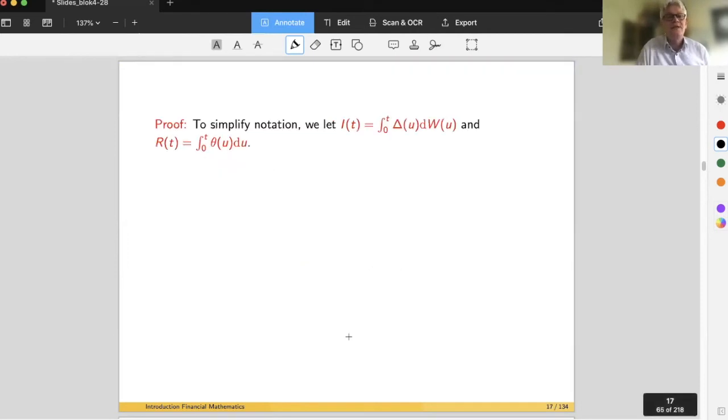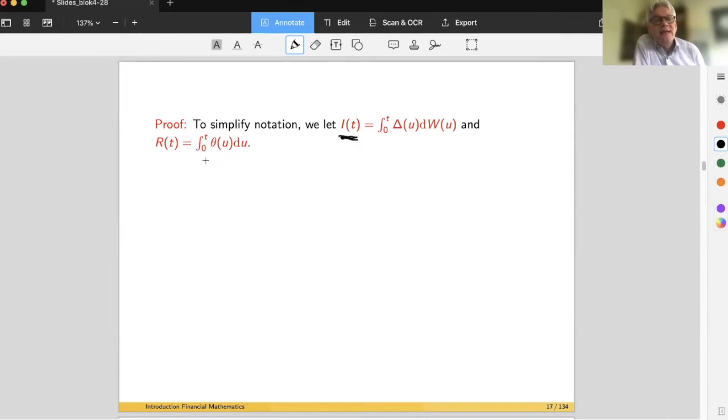All right, let's prove it. And in order to prove it, we simplify the notation. So we take two shorthand notations. For this integral from 0 to t of delta_u dW_u, we write that down as I_t, as we know it.